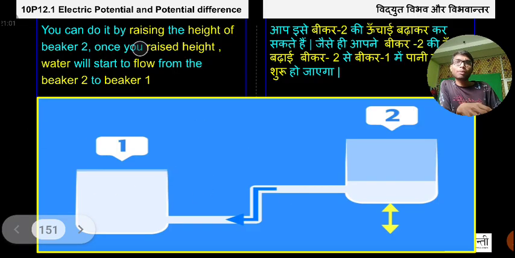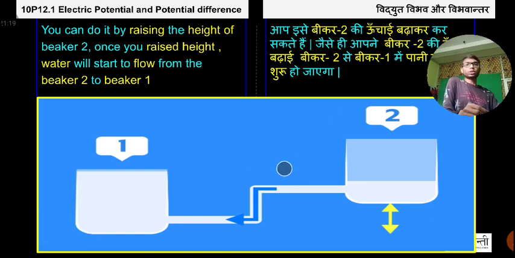You can do it by raising the height of a beaker. Once you raise the height, water will start to flow from the beaker to beaker 1. Height is also given importance here.